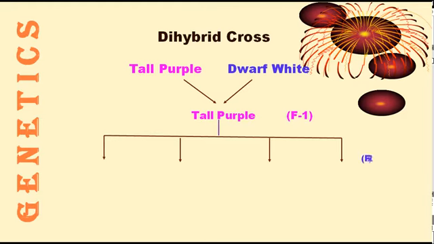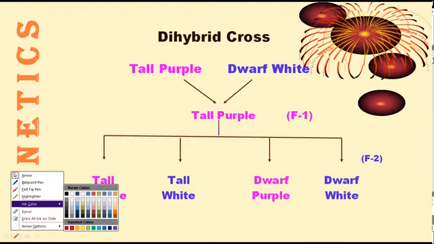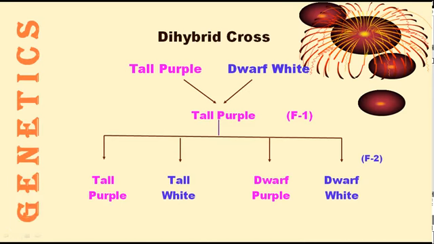But when these plants of F1 generation were allowed to self-cross, develop and produce seed, in the next generation all possible 4 combinations appeared. What are the 4 combinations? Purple tall, purple dwarf, tall white and dwarf white.